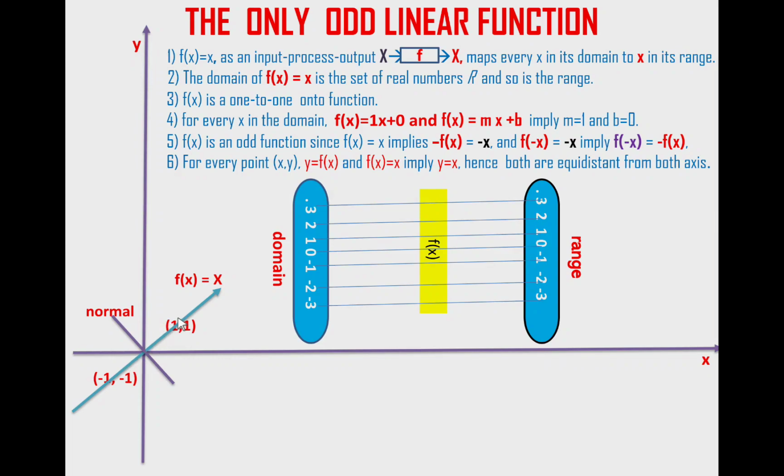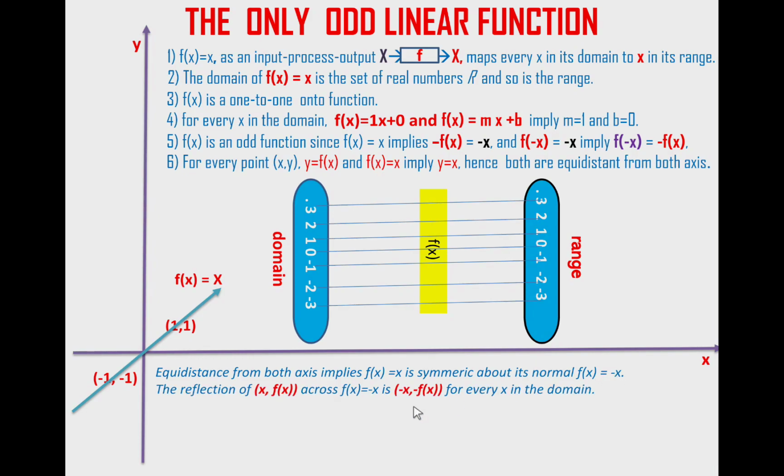So the only thing that it is symmetric around is its normal. And that's the first point over here. So the first point is clear. Equidistance from both axes implies f of x equal to x is symmetric about its normal, which is f of x equal to minus x.